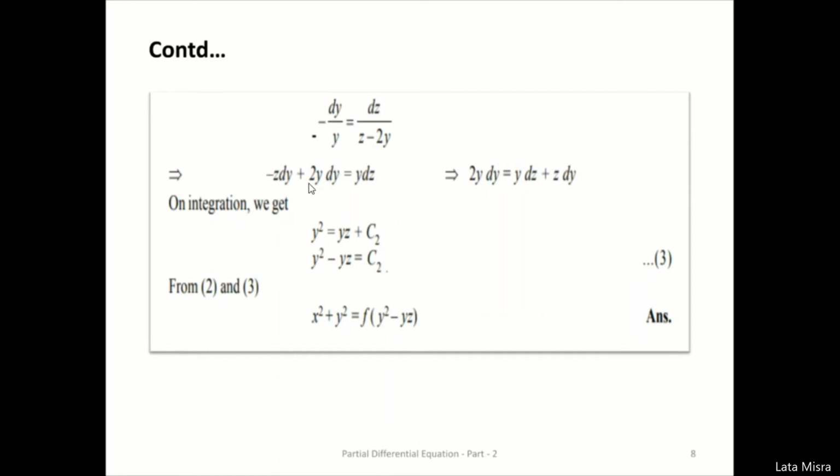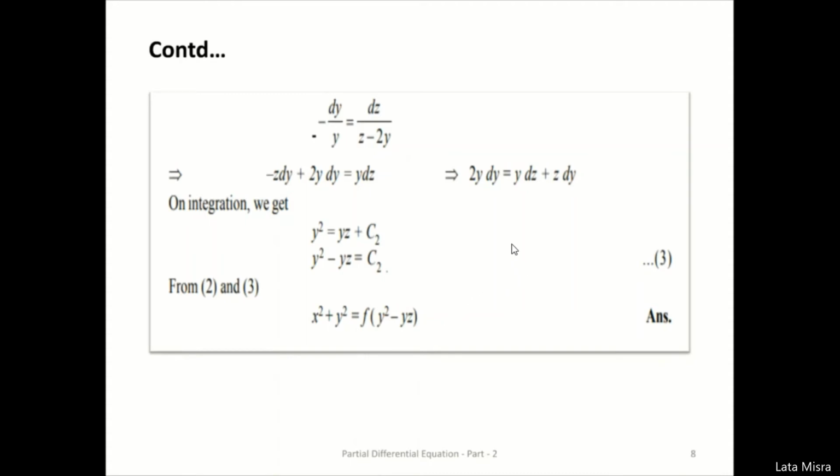Cross multiplying the terms we get 2y dy = y dz + z dy. And by integrating these terms we have y² - yz = c2, and we write the solution as x² + y² = f(y² - yz).